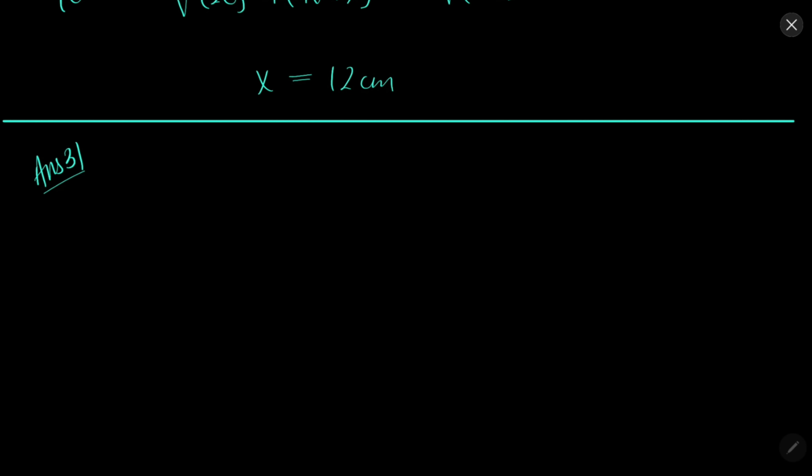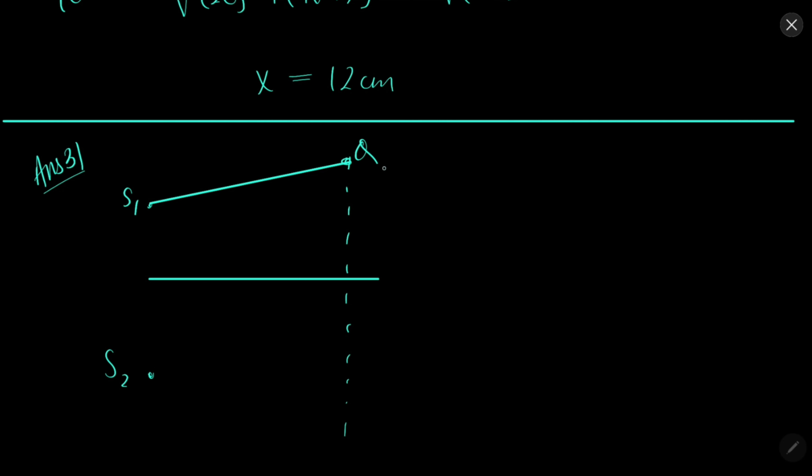Solution 31. So let's draw the figure. Let this be S1, let this be S2. This is Q, this is R, this is P, this is Y, let's assume.